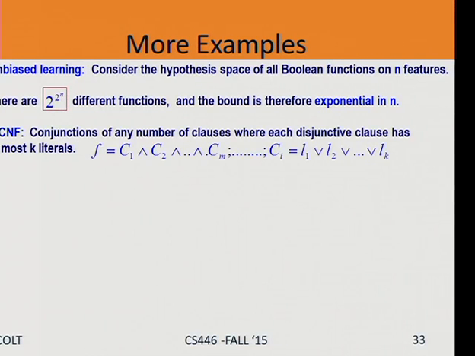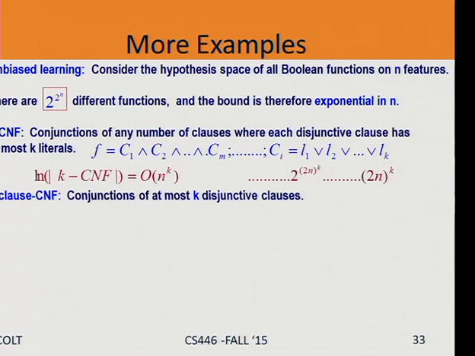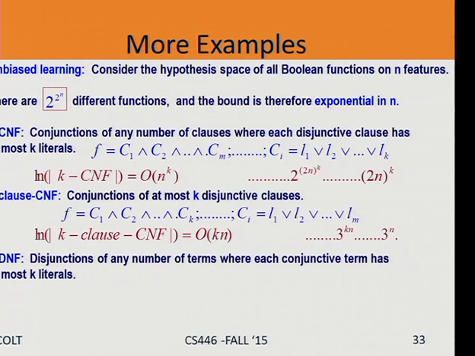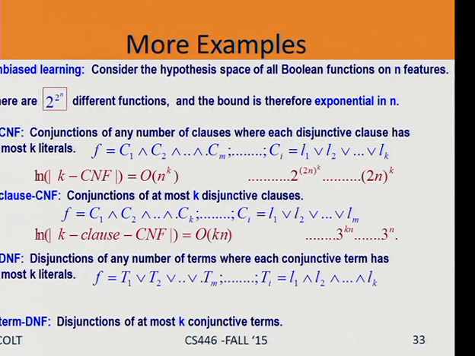We talked about KCNF, and I'm giving here a few other definitions of classes of Boolean functions. The definitions are here. K-clause CNF, KDNF, completely analogous to KCNF, right? It's a disjunction of any number of terms where each conjunctive term, each monomial, has at most k literals.